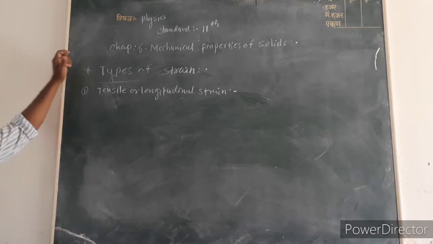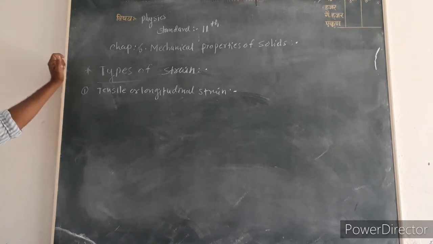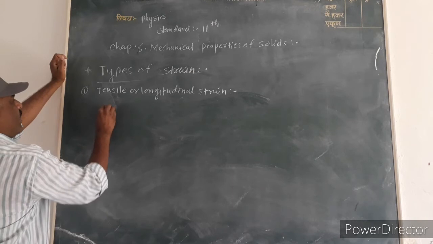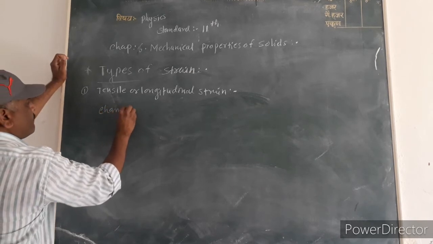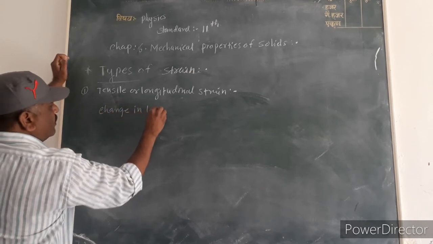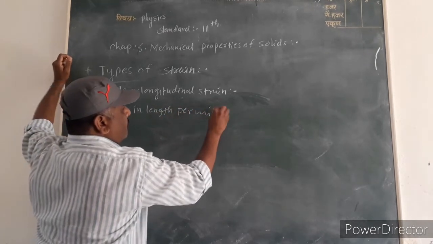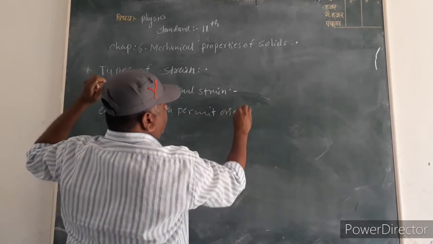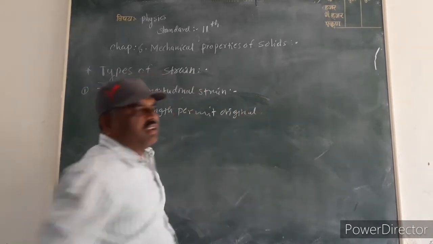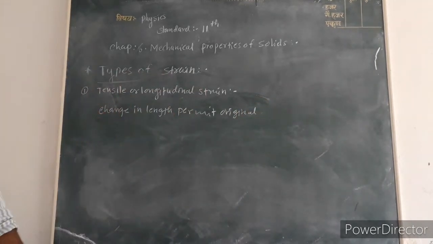Tensile or longitudinal strain is defined as the change in length per unit original length.